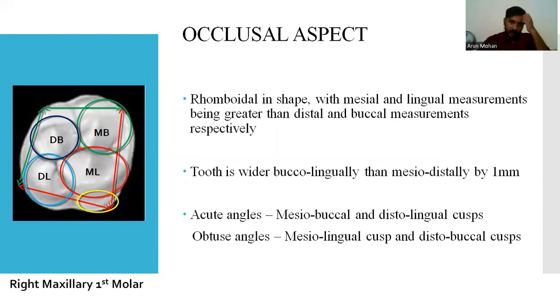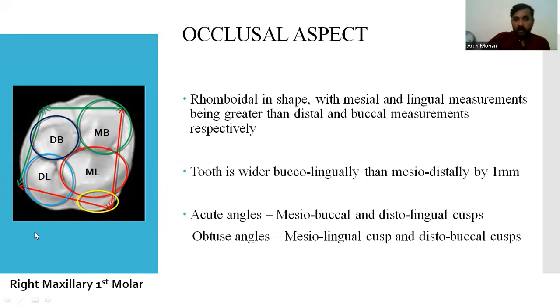Coming to the occlusal aspect of the maxillary first molar, the shape is about rhomboidal, with the mesial and lingual measurements being greater than the distal and buccal measurements respectively. The tooth is wider buccolingually than mesiodistally by about 1 millimeter.